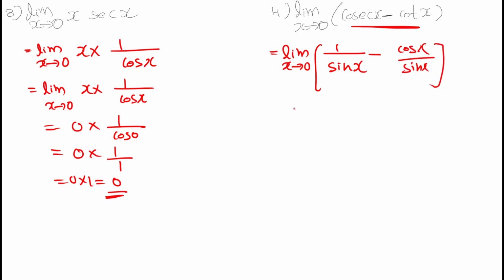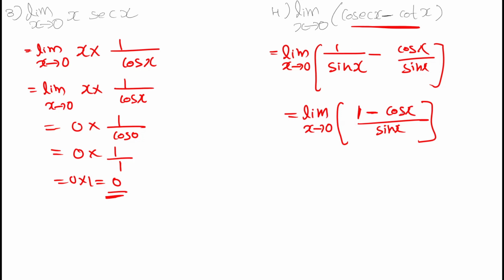So that we can rewrite it as limit x tending to 0 of (1 minus cos x) by sin x. Because here the denominator is the same, we can subtract the numerators directly.